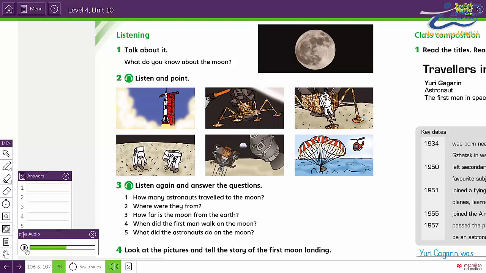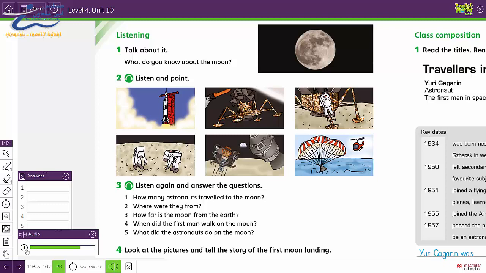The first man to stand on the moon was Neil Armstrong. The date was the 21st of July, 1969. The two astronauts stayed on the moon for about 2 hours. They picked up rocks to take back to Earth.